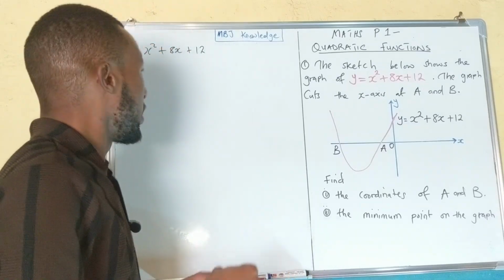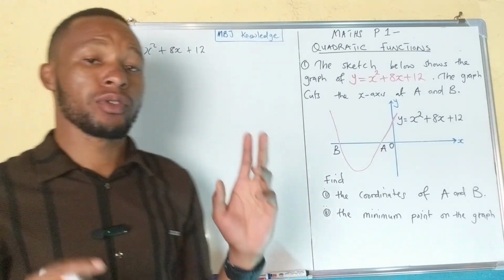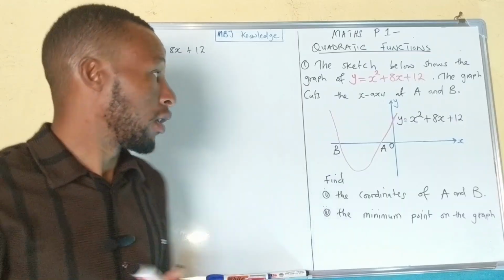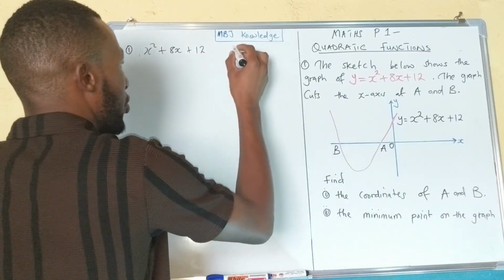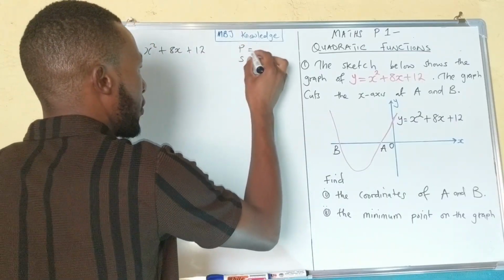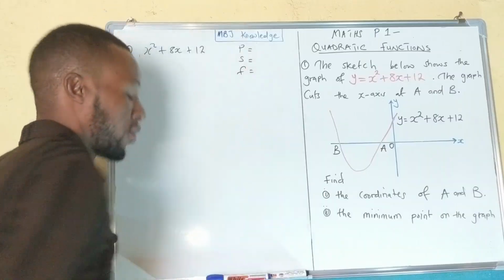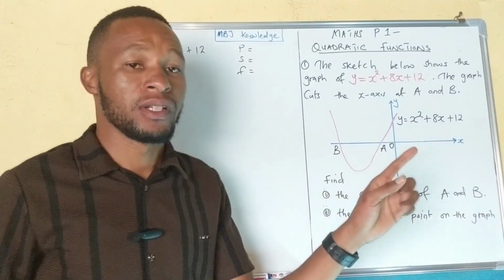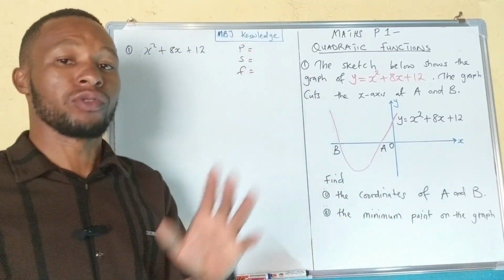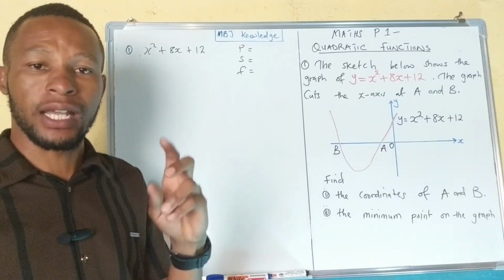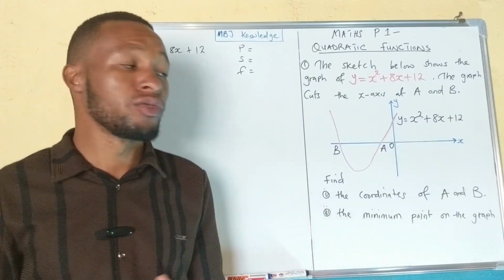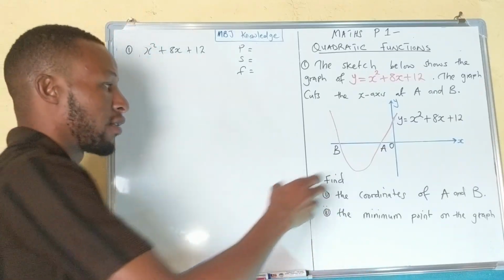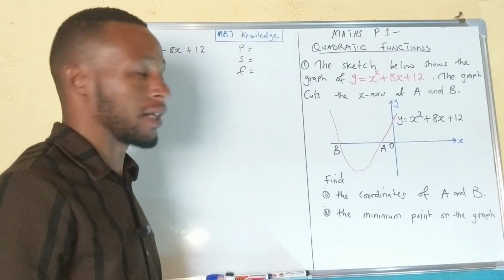Now, in this case, what we are supposed to do is very simple. Here is the step. You use product, sum, and factors. So for you to find the x-intercepts, this is the concept you are supposed to use: sum, product, and factors. Then later on, we are going to use the product rule to find the x values that we want.